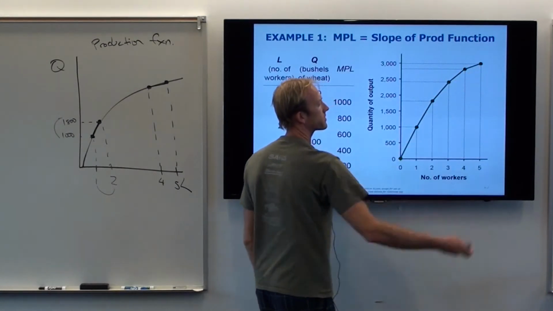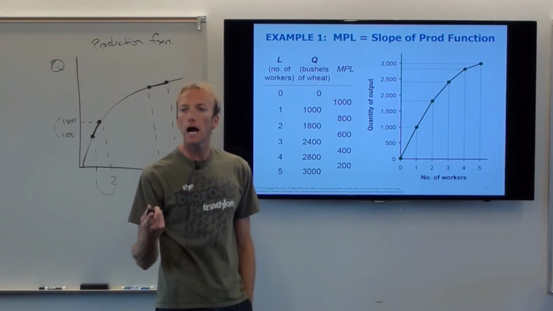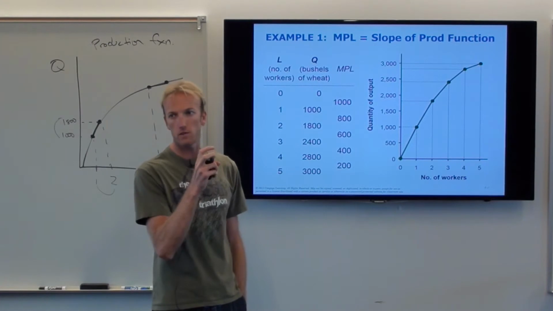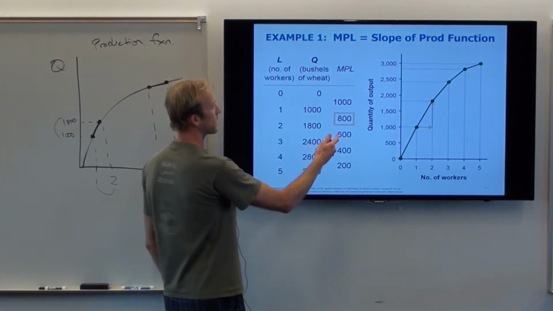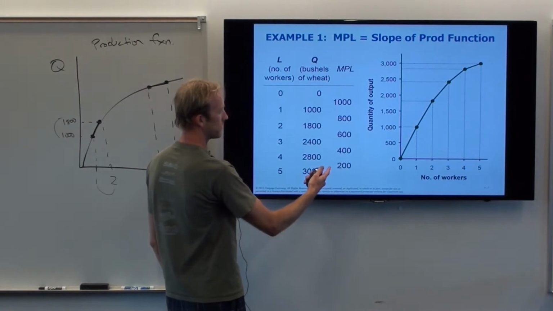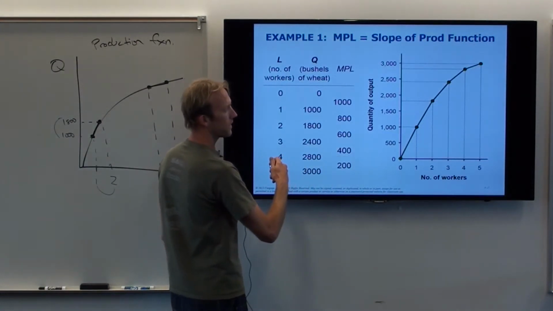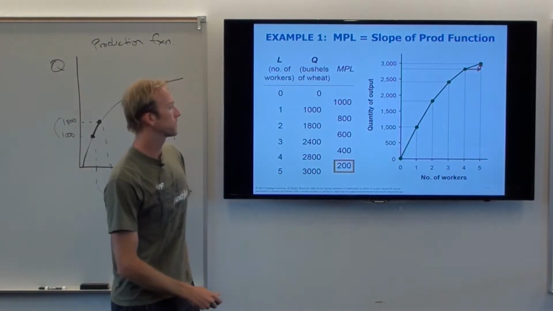The slope is getting closer to 0 as the number of workers increases, because each additional guy being hired brings less increase in total product. There's 1,000, then 800, then 600, then 400, then 200. And as you can see, the slope here at 200 is very, very flat.